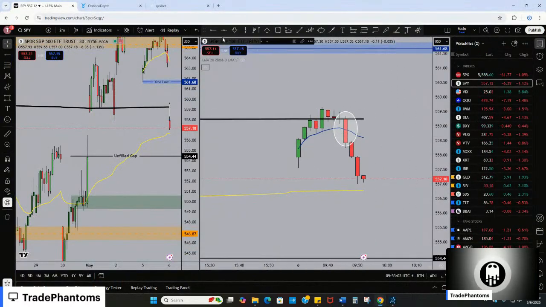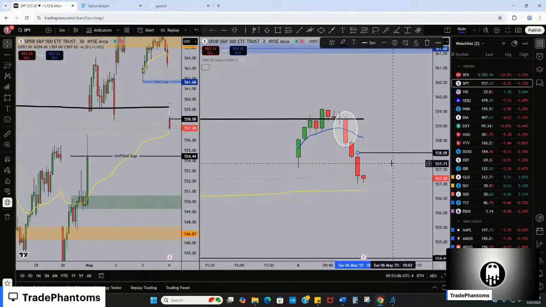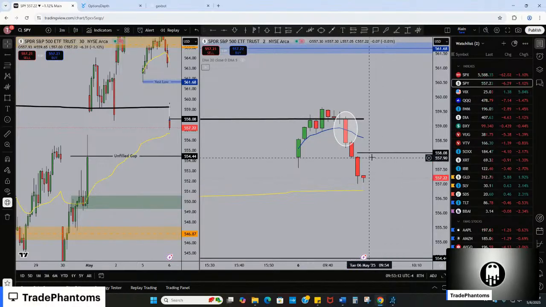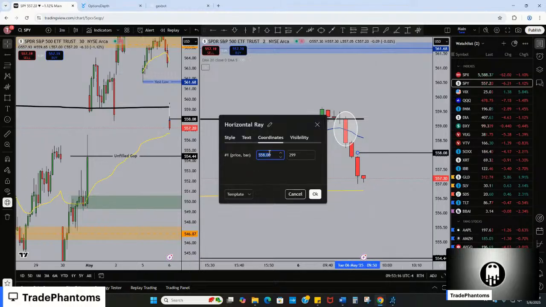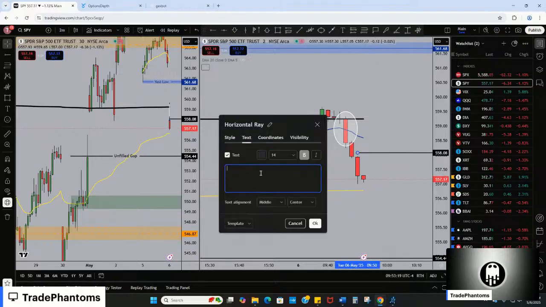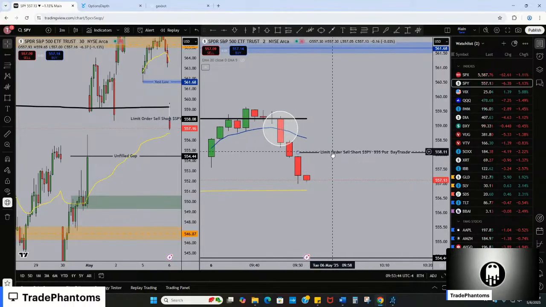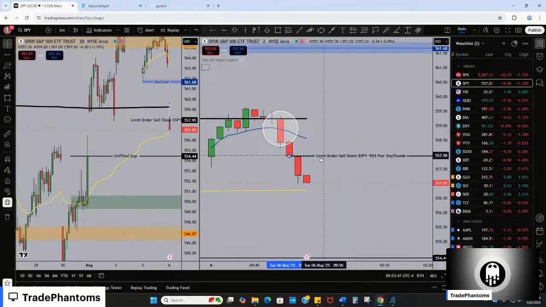So that would be equivalent to putting in, say, a limit order sell short here. It'd be somewhere around here, give or take.